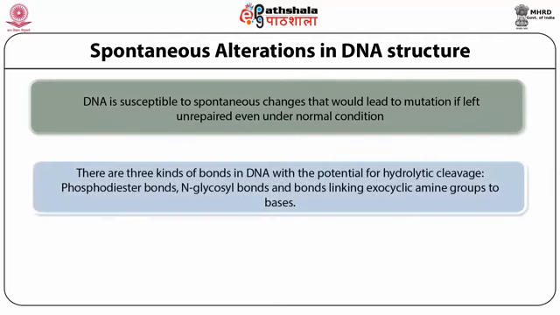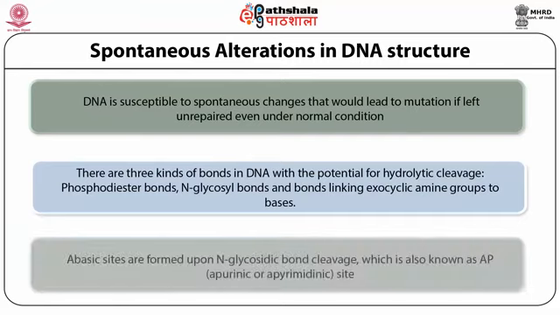There are three kinds of bonds in DNA which are potential targets for hydrolytic cleavage: phosphodiester bonds, N-glycosyl bonds, and bonds linking exocyclic amine groups to bases. In a DNA strand, spontaneous phosphodiester bond cleavage is a very rare occurrence and probably does not make any significant contribution to DNA damage.